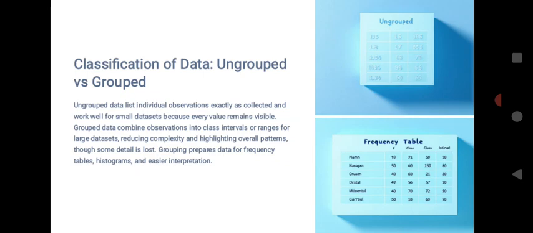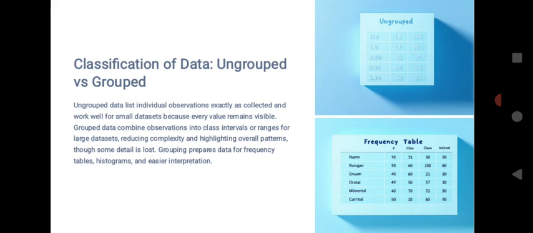Data can also be classified into grouped and ungrouped data. Ungrouped data simply lists individual observations exactly as collected, and this works well when you have a small data set because every value remains visible.